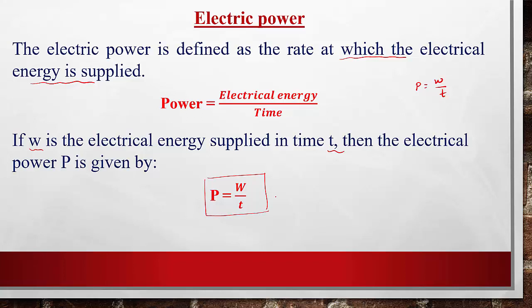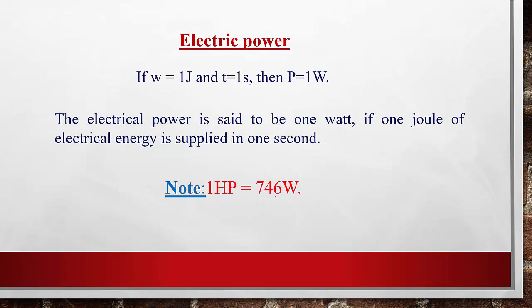This is electric power. If W is equal to 1 joule and time is 1 second, then power will be how much? 1 watt. That is P equal to W by T. Watt is the unit for electric power.